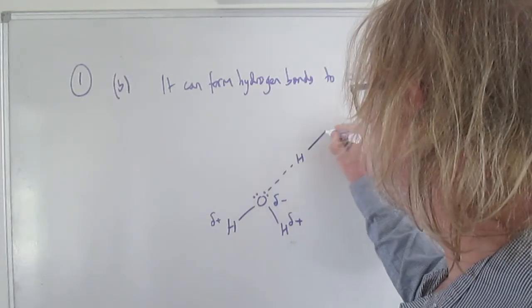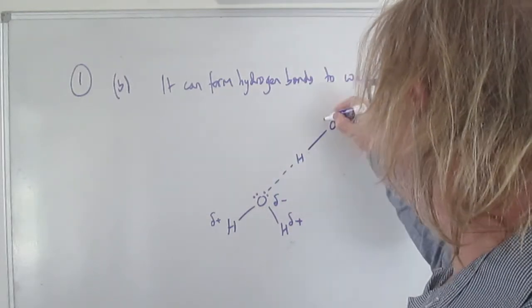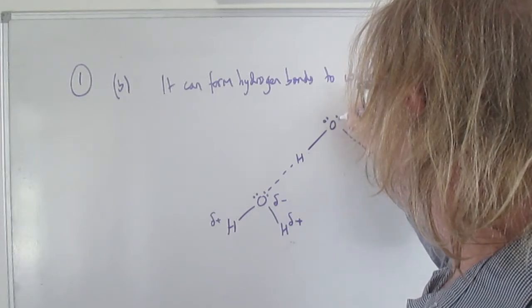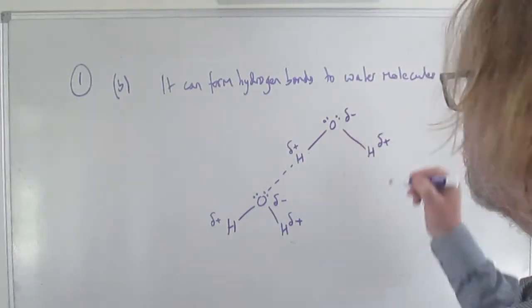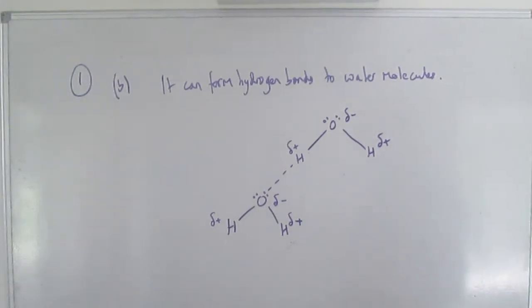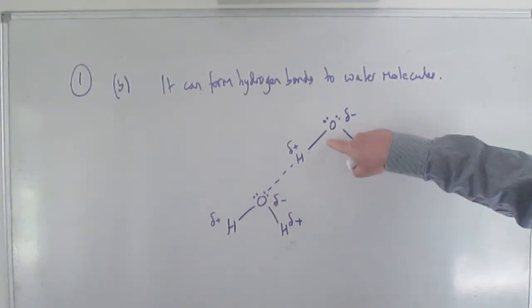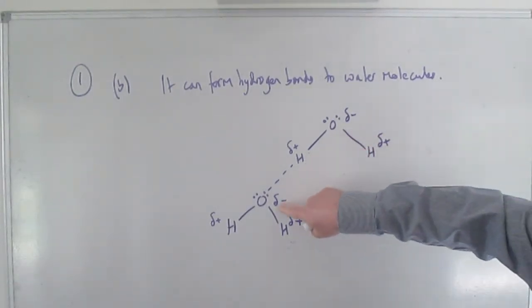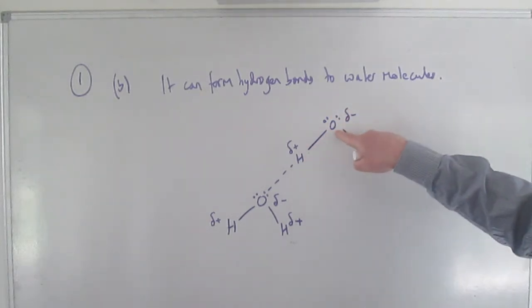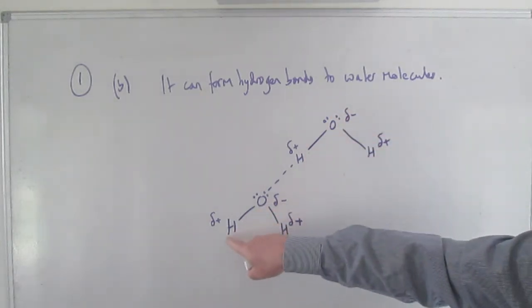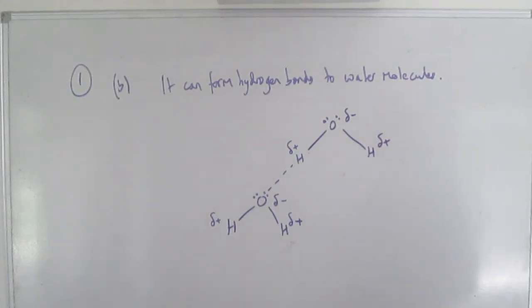We learnt to draw something like this. And the key features of that are, first of all, that it's an attraction between dipoles. So you've got to show the dipoles, not just the delta plus and delta minus there, but the polarity of the molecule, so the delta plus and delta minus there, and you might as well put them all on.